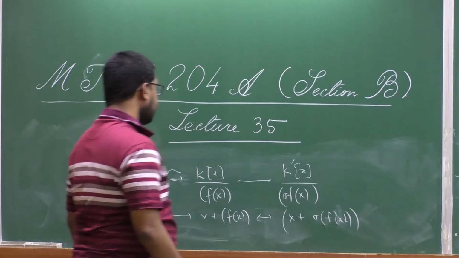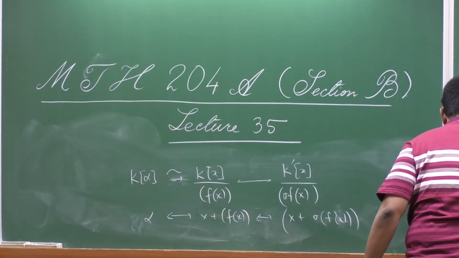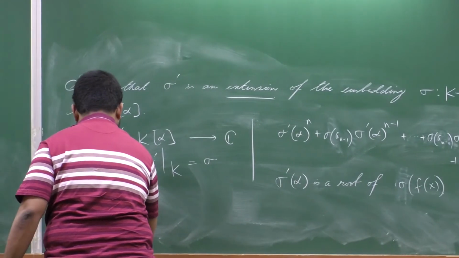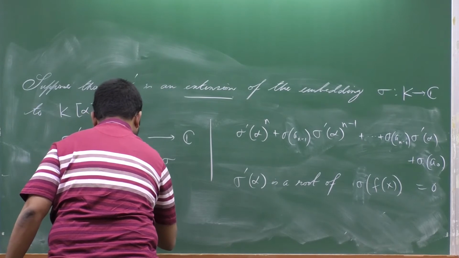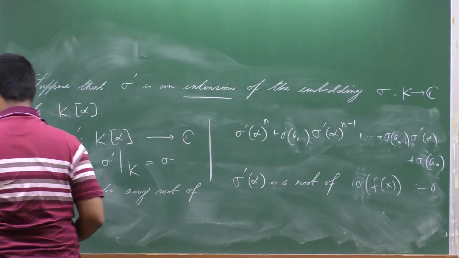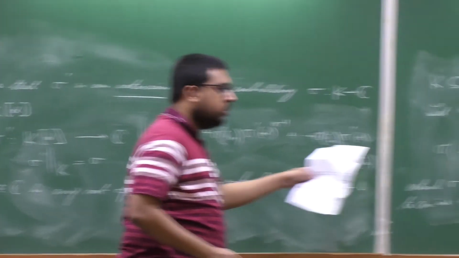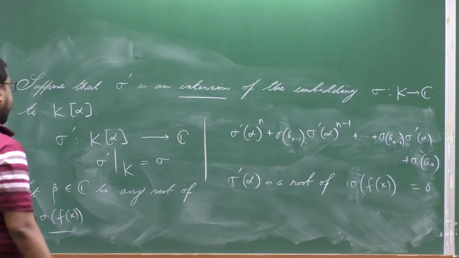Okay, and let beta be any root of, so this is a polynomial in C, so you can talk about any complex root of sigma of f(x).